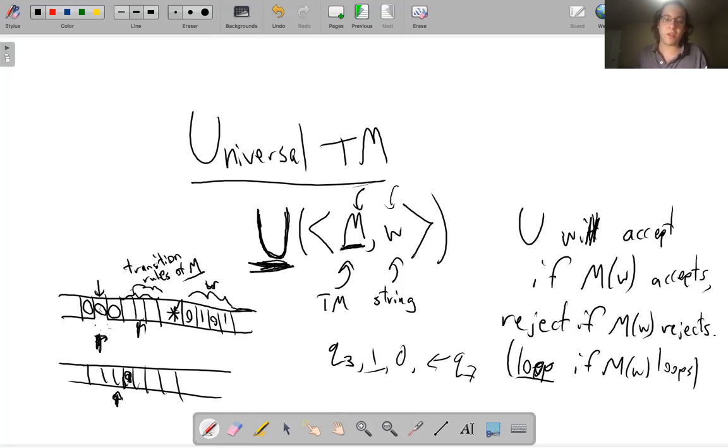And I guess it's using here a second tape which is supposed to represent the tape of M. Of course, we can put that all on one tape. We saw that we can simulate two-tape Turing machines with one-tape Turing machines. So we will assume that U actually has only one tape. Okay. So this is called a universal Turing machine.